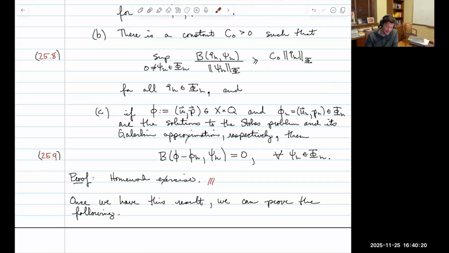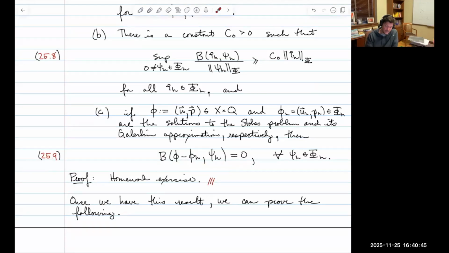Now, finally, if U and P are the solution pair for the Stokes problem, and phi H is the solution pair for the Galerkin approximation, respectively, then we get a fundamental Galerkin-type orthogonality property back.